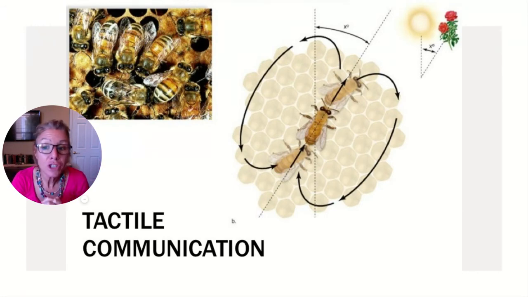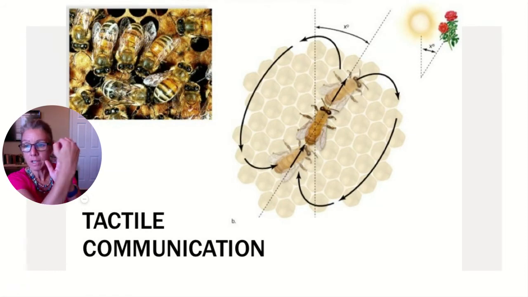Now, I want to teach you what the dance means, because this is pretty incredible. All right. Imagine your hive on the vertical. So your hive, there's up and there's down, right? So what the bee will do is it'll get a little waggle dance going in a certain line. Let's say it just waggles straight up, and it comes around, waggle, waggle, waggle, comes around, waggle, waggle, waggle, comes around.